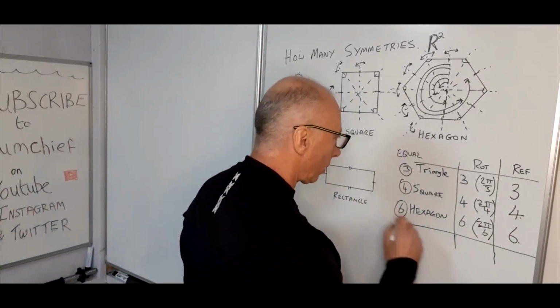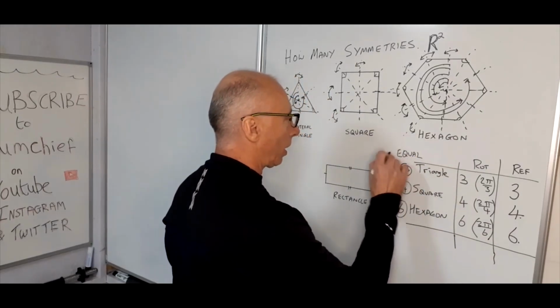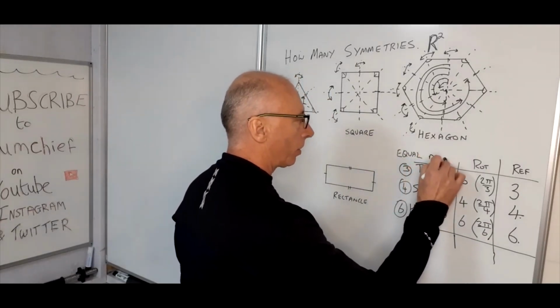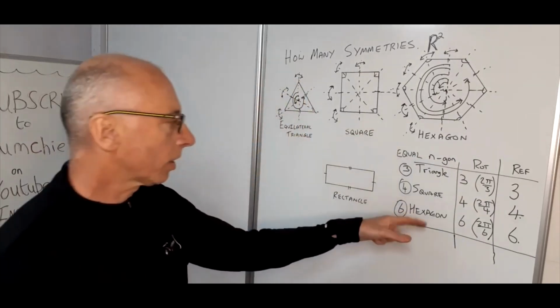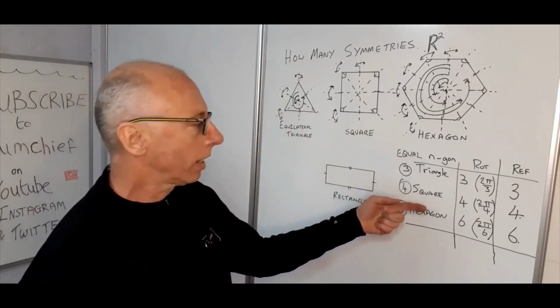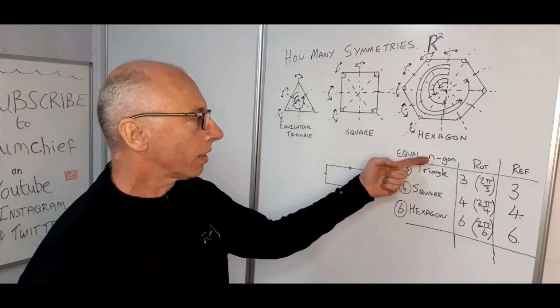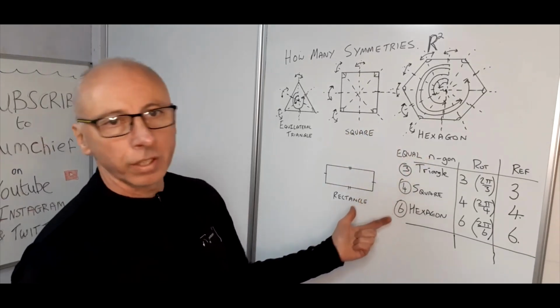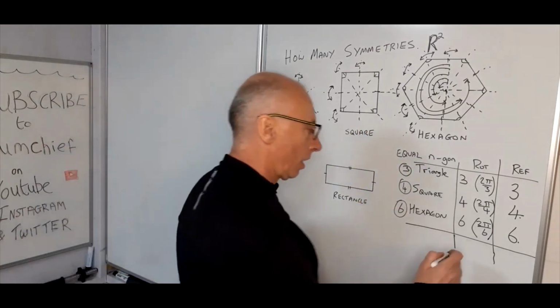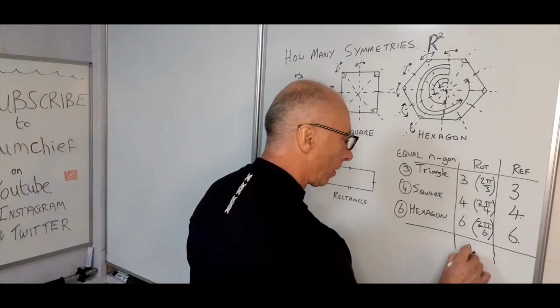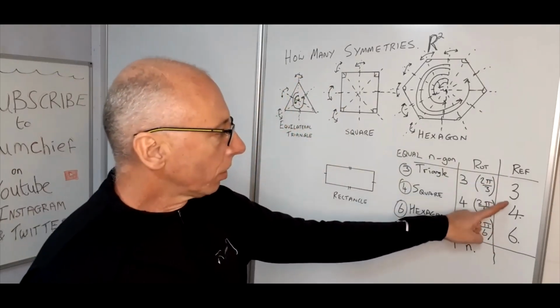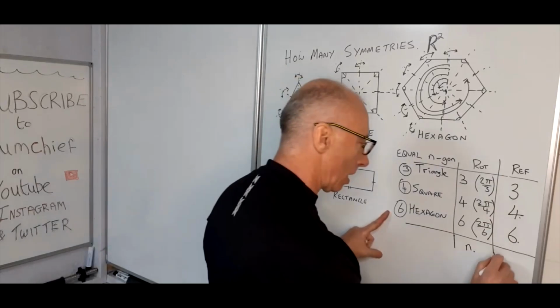So if we put n-gon, so call this an n-agon. So hexagon for 6, obviously square's got its own name. We've got pentagon for 5, that's 5-agon. Nonagon in 9 sides, and so on. So rotations are n. The reflections are also n.